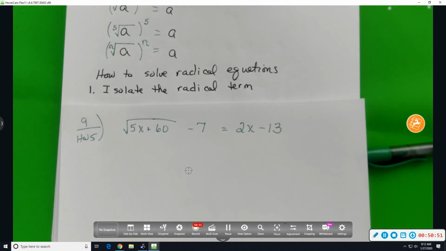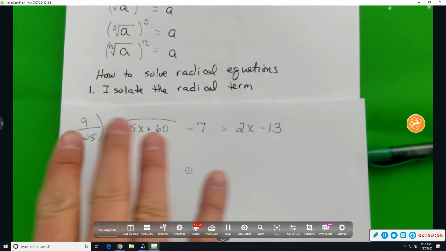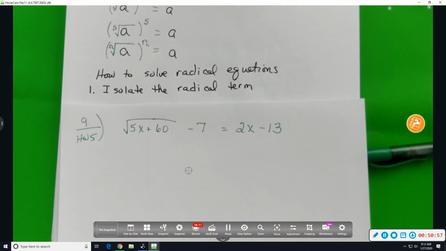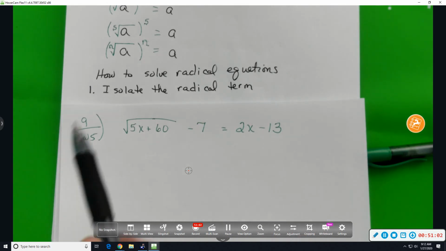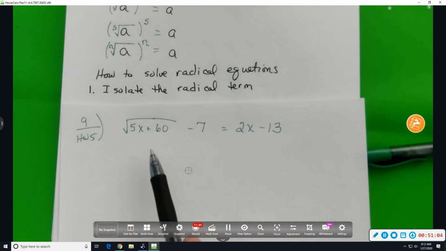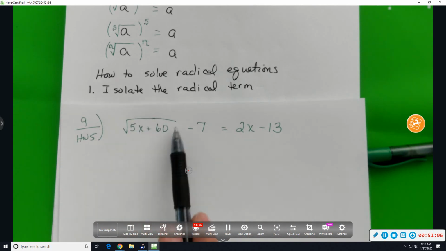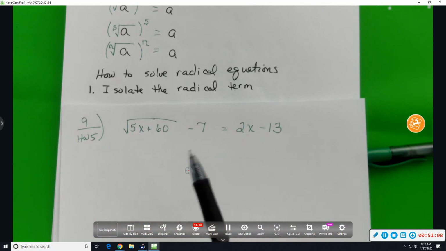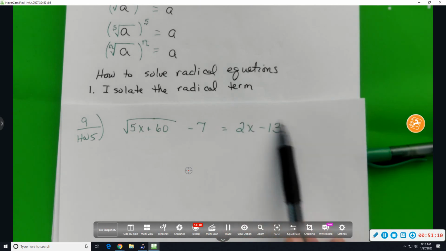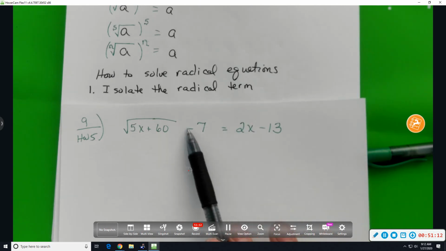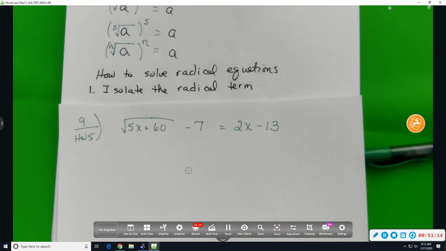I want to write out all the steps and then we'll do this example, just to explain what I'm saying on each step. Like right here, what do I need to do to get this square root by itself? Move that 7. Okay? So that'll be the first step I do in a moment.